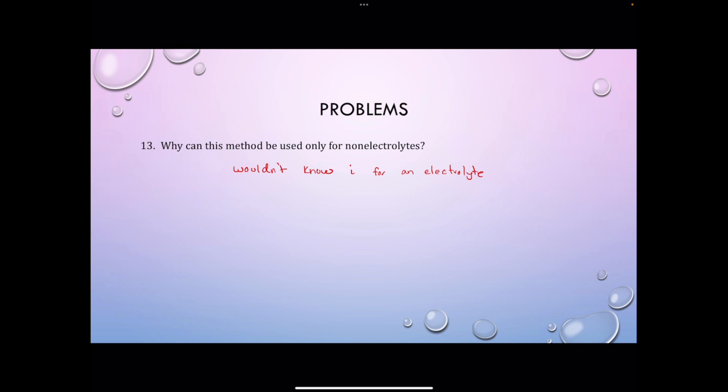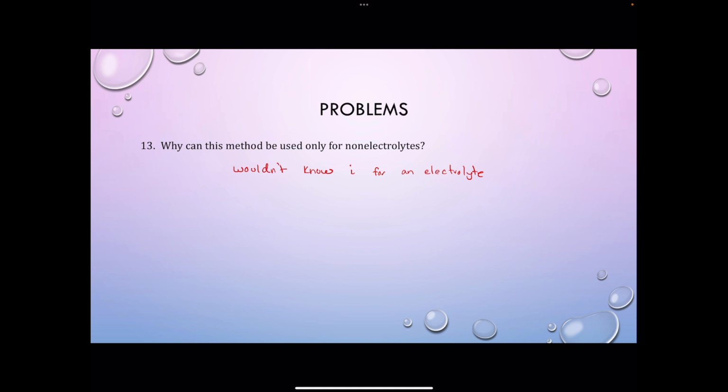Now, if our substance is unknown, it's very easy to identify if it's an electrolyte versus a non-electrolyte. We can run a test to see if it conducts electricity. If it's a non-electrolyte, we can use this method to identify its molar mass. And that molar mass is going to be important in determining its identity.